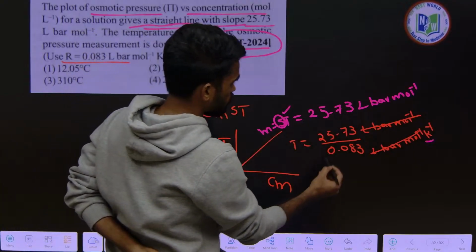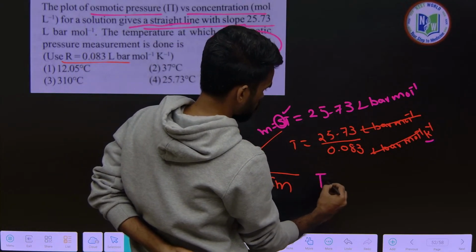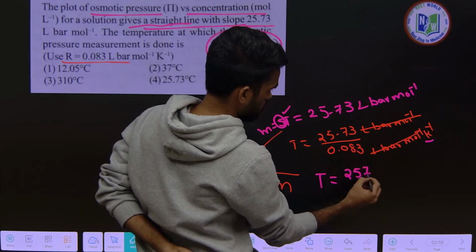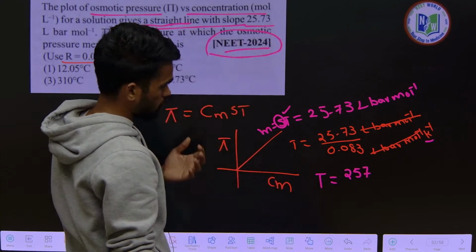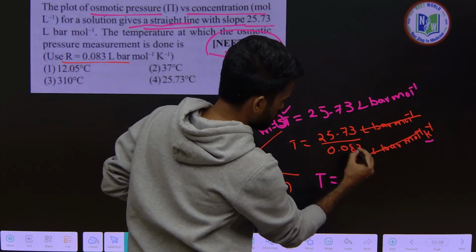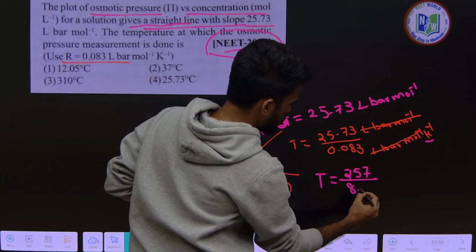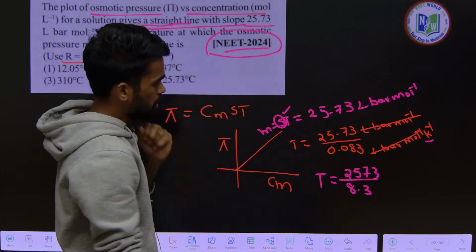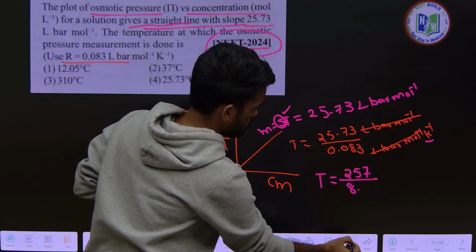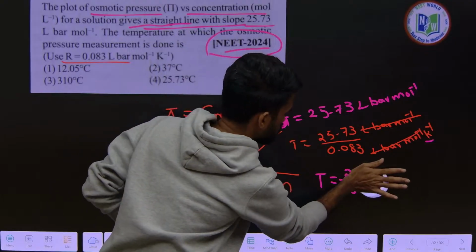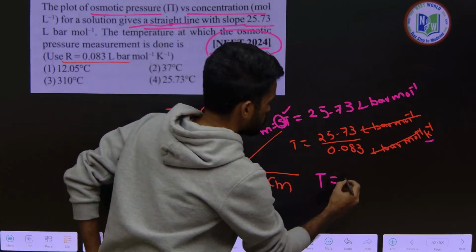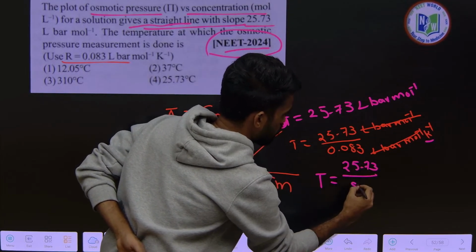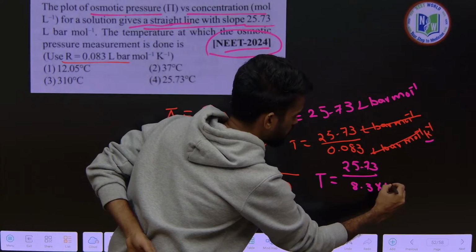So how many times will this be? You can write this as 25.7 divided by 8.3 into 10 power minus 2. So 25.73 as it is, and 8.3 into 10 power minus 2 I am writing.